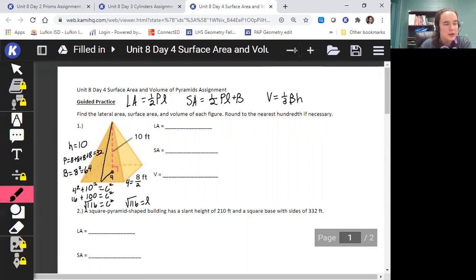So for our formula for lateral area, we have 1/2 times our perimeter times our slant height. So 1/2 times our perimeter of 32 times our slant height of the square root of 116.